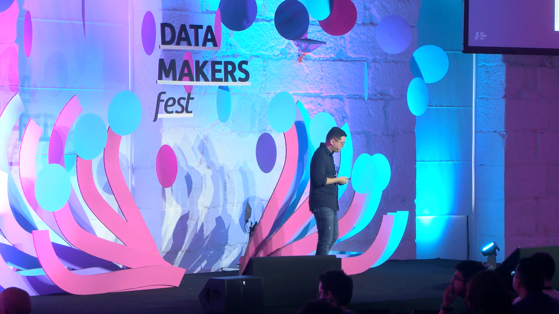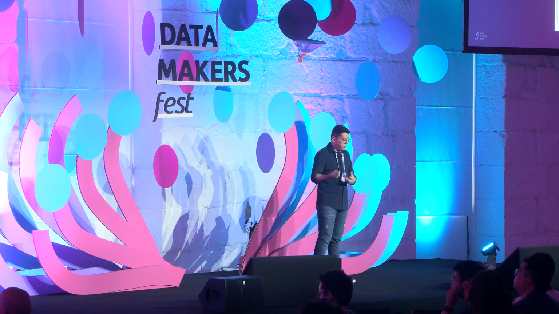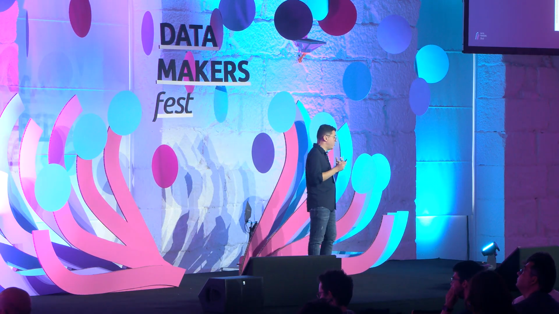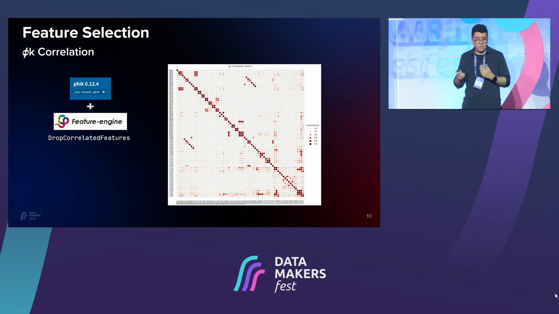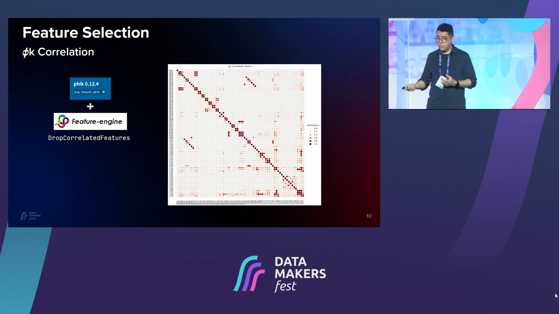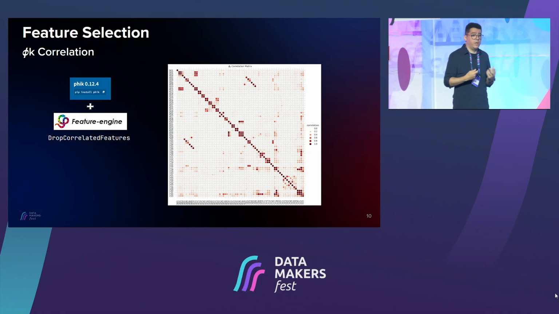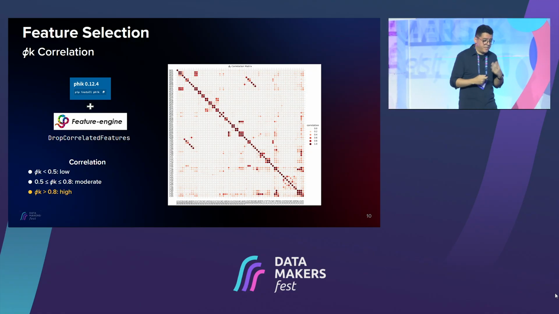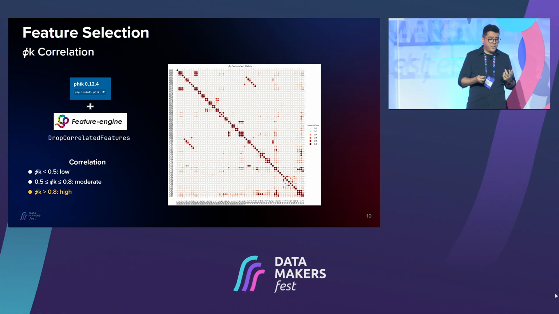We can combine this phi-k correlation coefficient together with the drop correlated features module, also available in feature engine, where you can pass any correlation function that you want to discard correlated features. And again, as a good rule of thumb, we can consider that a pair of features with a correlation higher than 0.8 is safe to assume highly correlated, so you can discard that feature.